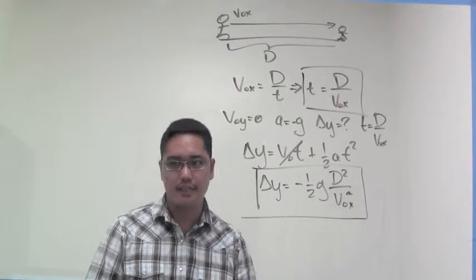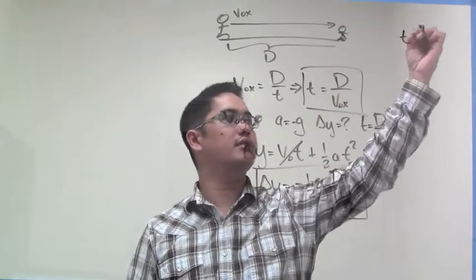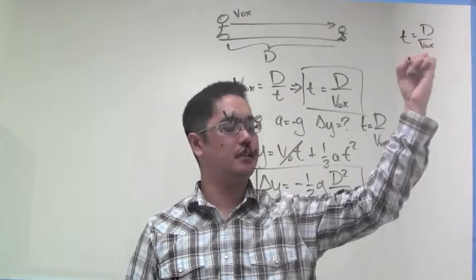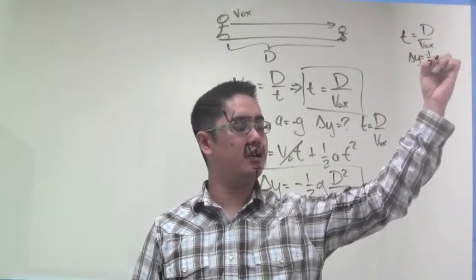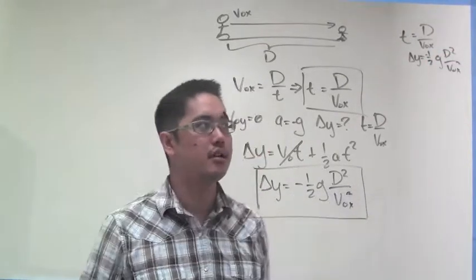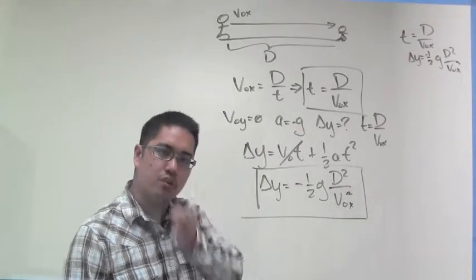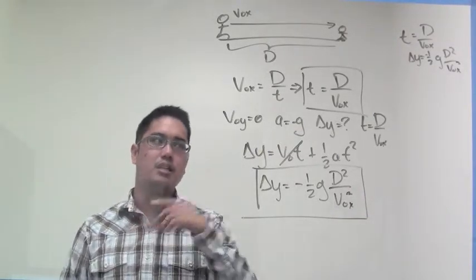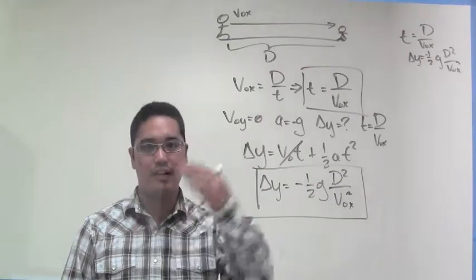Let's go to an advanced style, though. Let me write these answers up in the corner over here. I've got t equals d over v naught x, and delta y equals negative 1/2 g d squared over v naught x squared. Another thing I want to figure out is, in the vertical direction, this thing had about 0.3 seconds to fly there.